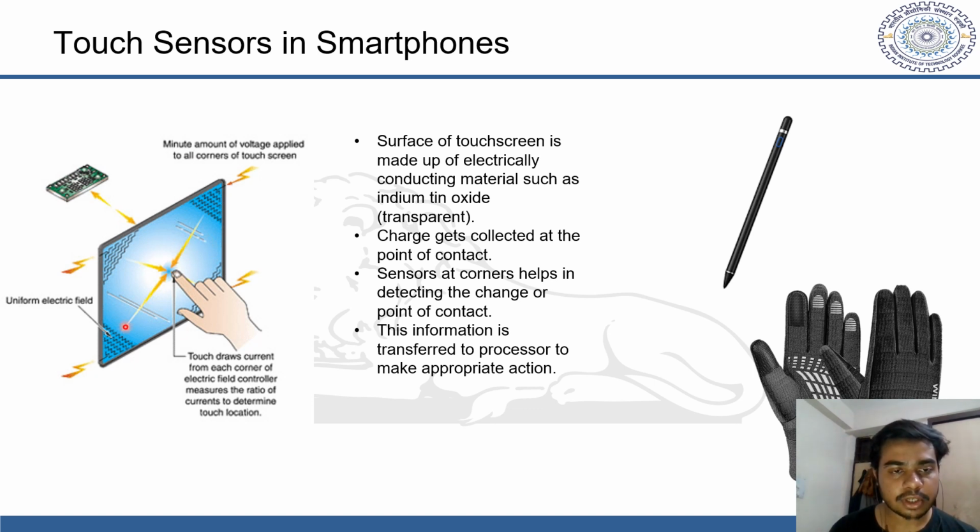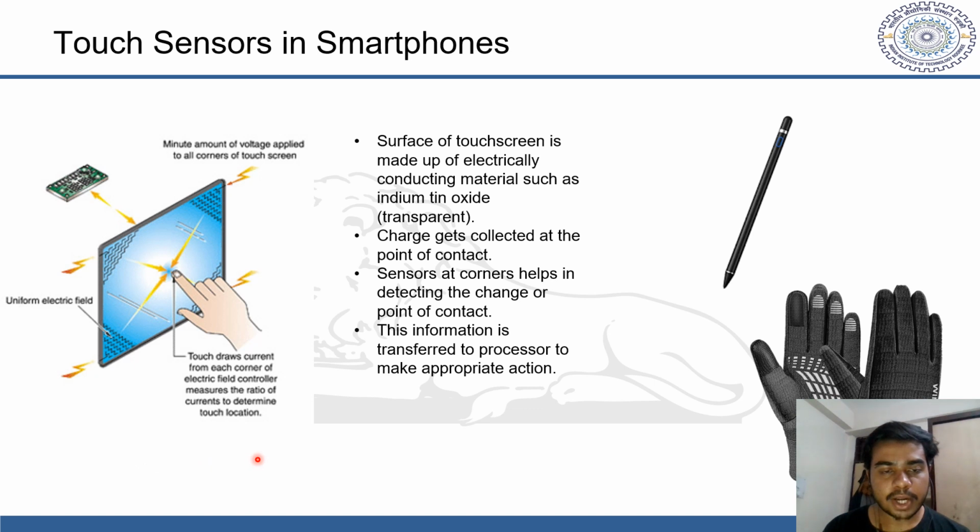So it distorts the electric field, and this is detected by sensors which are present at the corners of this touch screen. And this information is then fed to a processor, and the processor takes the appropriate action.